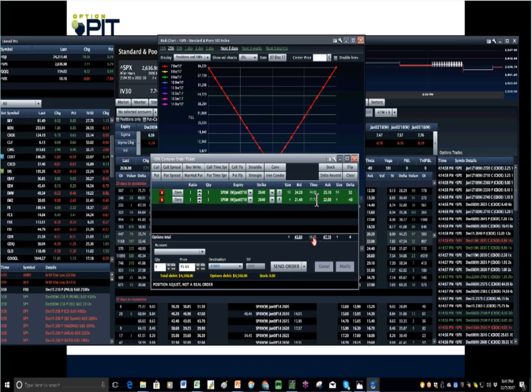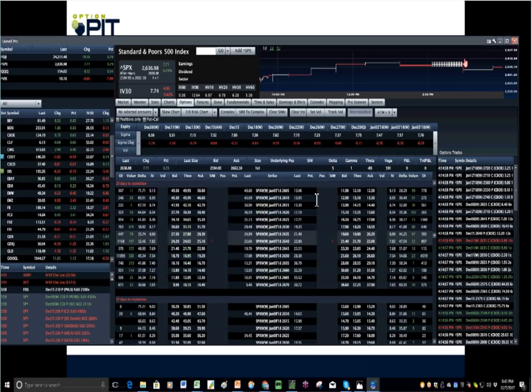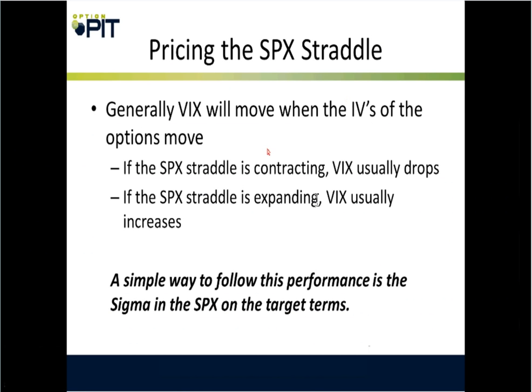If this straddle value is going down and nothing's happening in one day, what's happening is that the options around it are decreasing in price. The implied volatility of the options is decreasing. Everything is going down, VIX goes down. Okay?